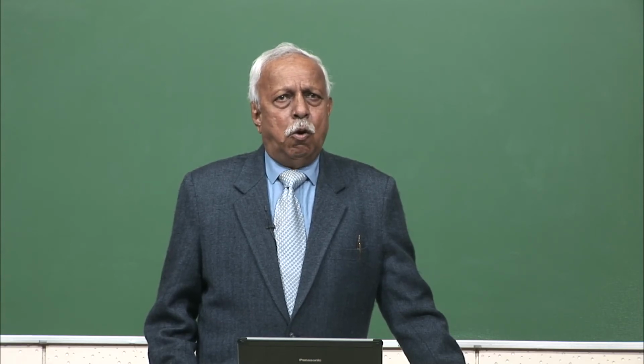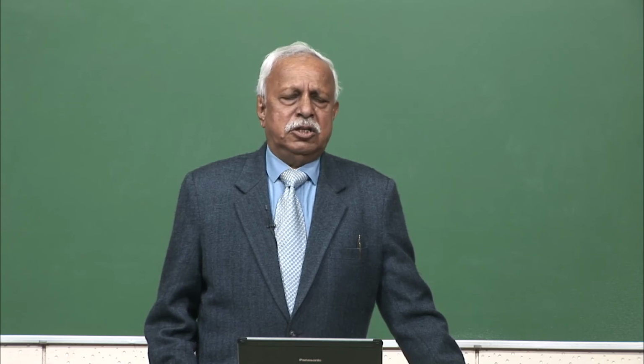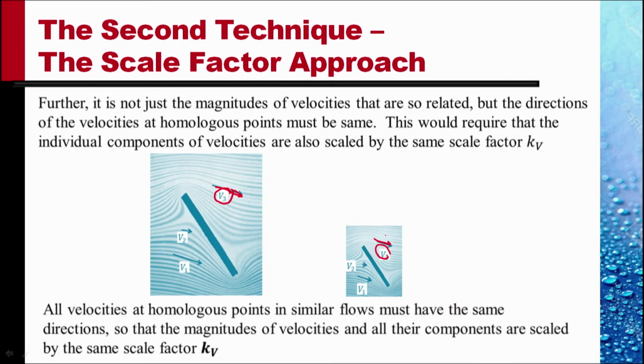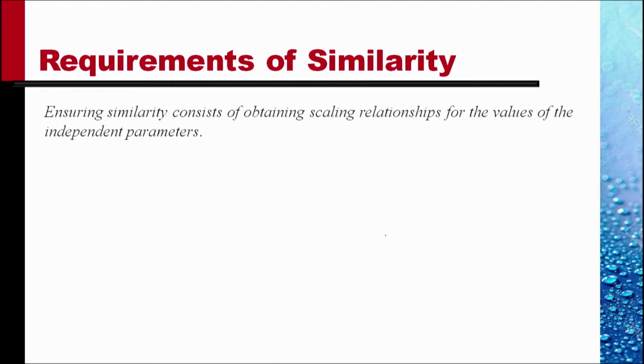This is true for all homologous points. So all velocities at homologous points in similar flows must have the same direction, so that the magnitude of velocities and all their components are scaled by the same scale factor Kv.